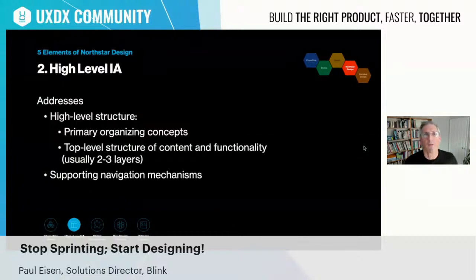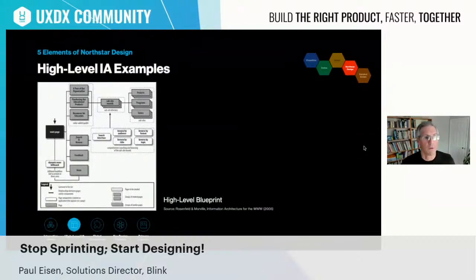The point to be focused on here is the high-level structure, and this can apply to any one of those interaction models with different representations, but it's just about the high level. It's about the primary organizing concepts for how to interact with the content and functionality in the platform. It's about supporting navigation mechanisms that enable that interaction.